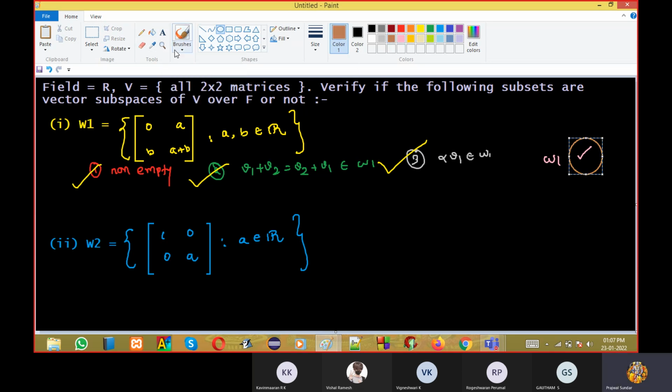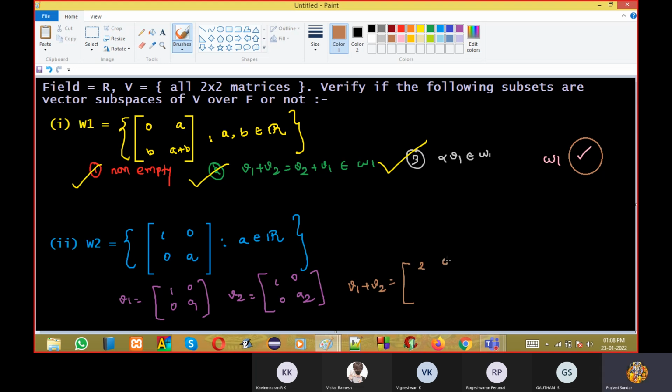For this, is it a vector subspace or not? Not a vector subspace. Reason? The second and third properties will not be satisfied.